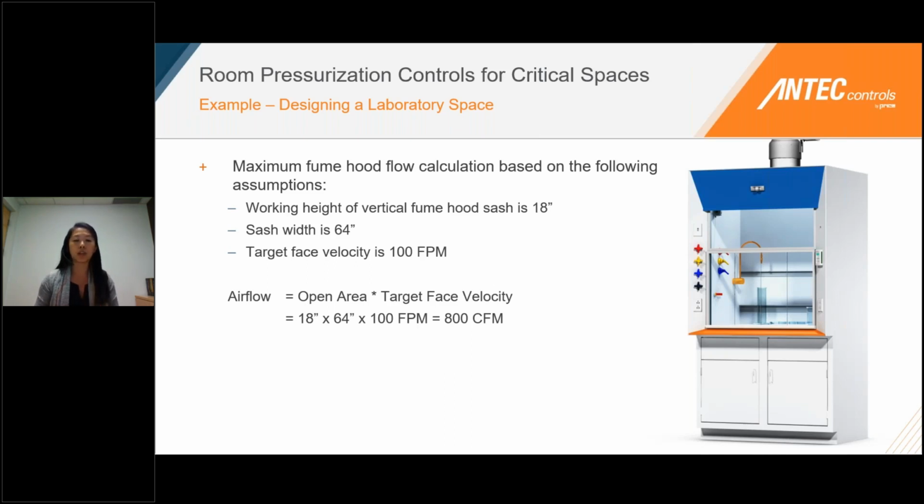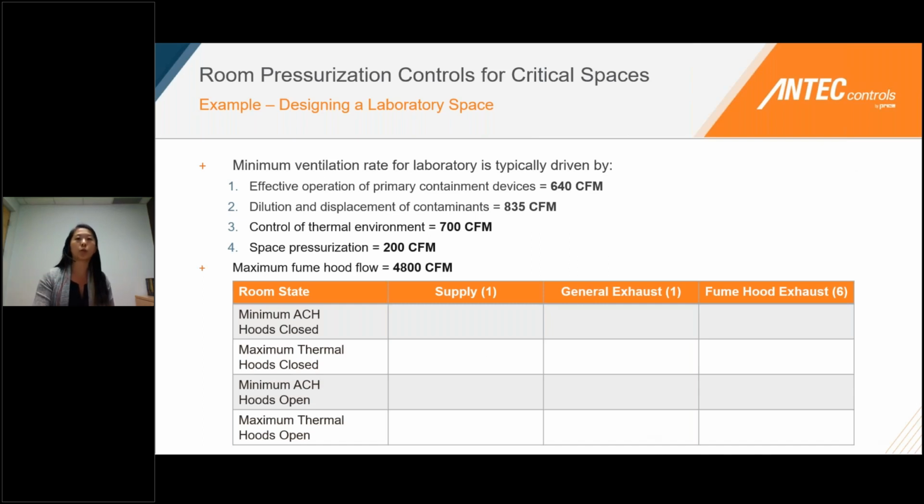So if we're assuming that there is one instance where all 6 fume hoods are open at the same time at 18 inches vertical sash height, we're going to need, at maximum, 4,800 CFM in order to meet the 100 feet per minute in each of those fume hoods. So taking all of those values, we're going to plug them into this table that you see here.